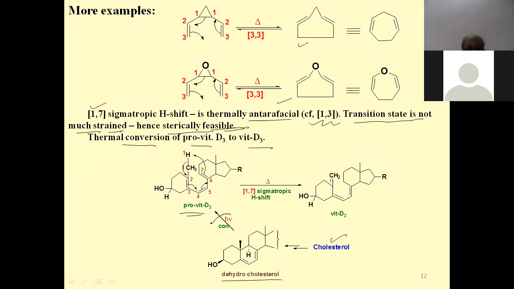Again, this is also a pericyclic reaction. Now you see here, these two double bonds and this methyl group and hydrogen are in trans position.